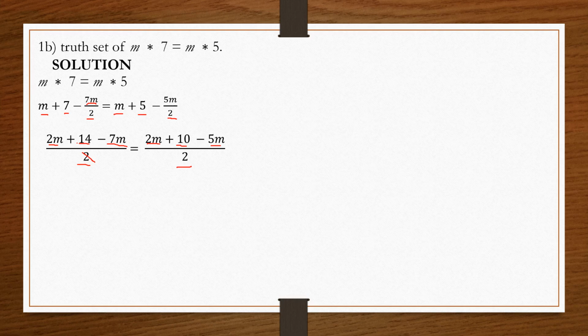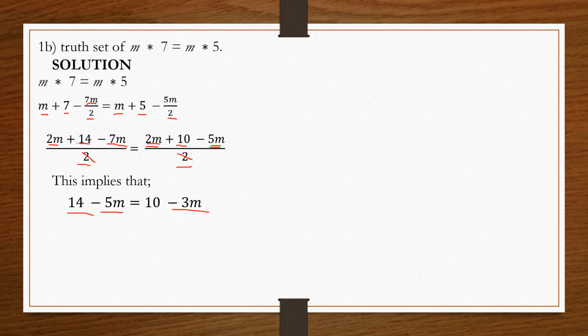We cancel the 2s on both sides. Working on the like terms, 2m minus 7m gives us minus 5m, so we have 14 minus 5m. On the right side, 2m minus 5m gives minus 3m, so we have 10 minus 3m.